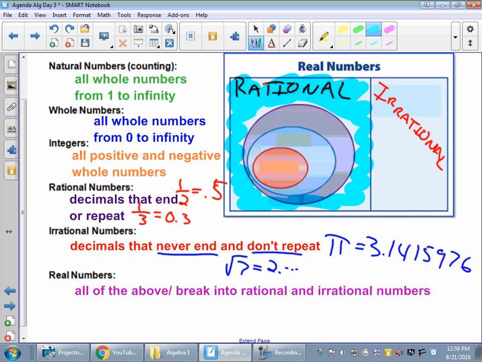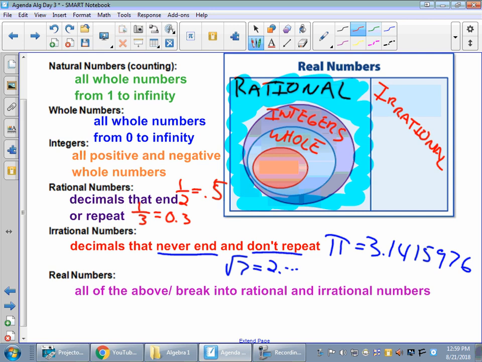And then inside there is a subset, still a rational number, but this is where integers would go. Integers would be in this bubble. So now we've left out all the numbers that have fractions and decimals. Now we're talking about all positive and negative whole numbers. And then one more bubble in would be your whole numbers, because this would be from 0 to infinity.